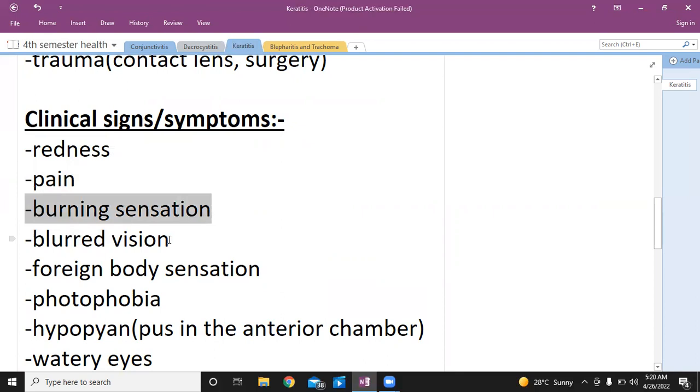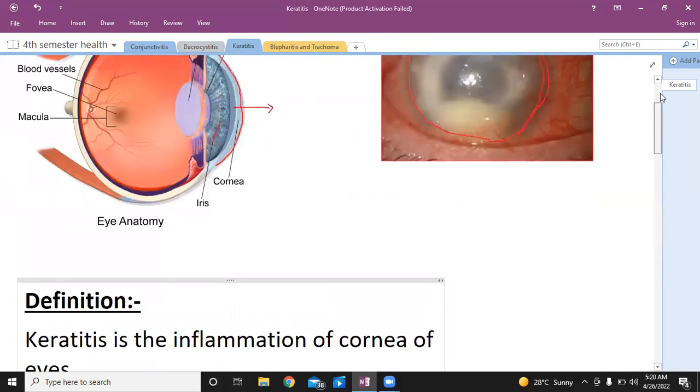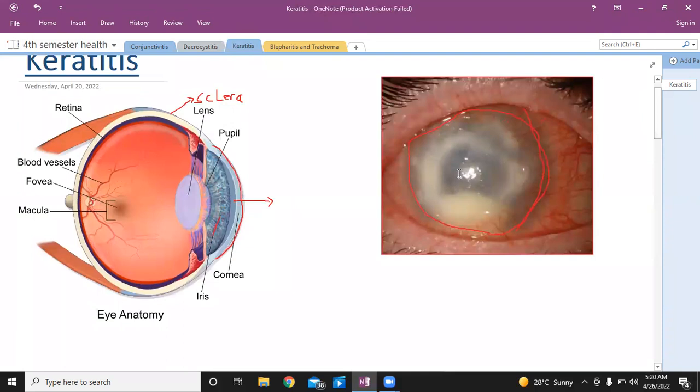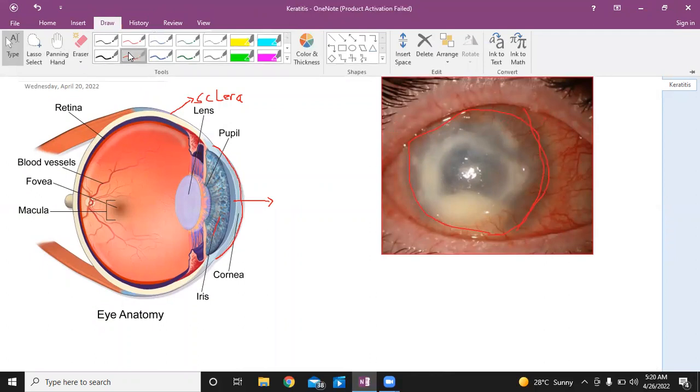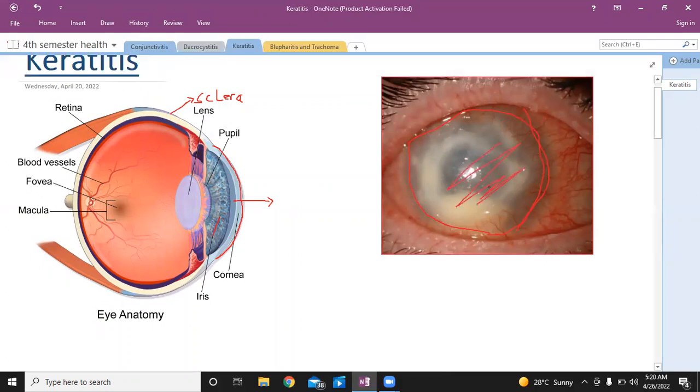Okay, the patient may complain about blurred vision. This is the thing which distinguishes keratitis from other diseases. When is your vision blurred? Your vision is blurred when something covers the eyes. When something covers your eyes, that is when your vision will be blurred, because there will be some kind of opacity in front of your eyes.